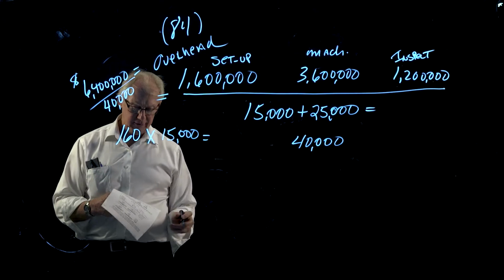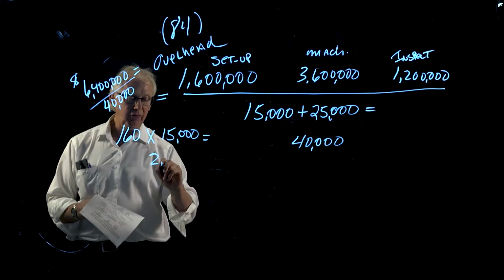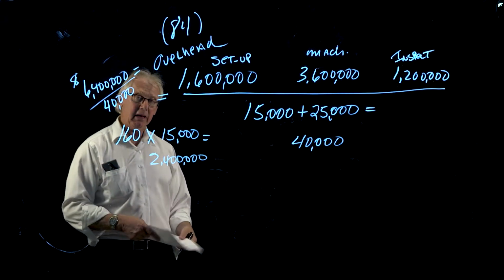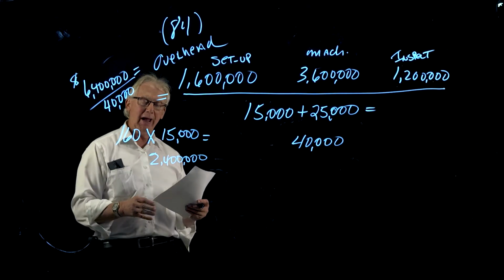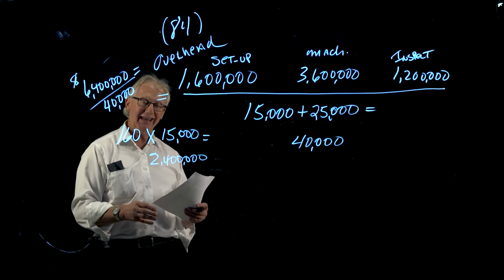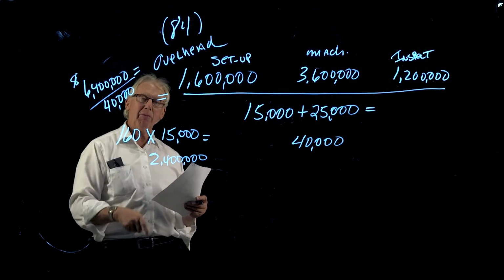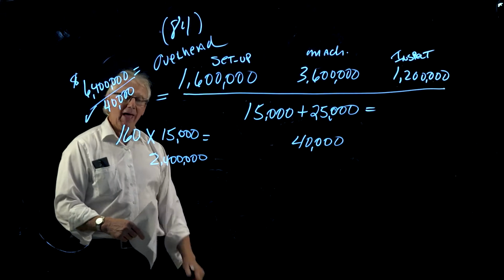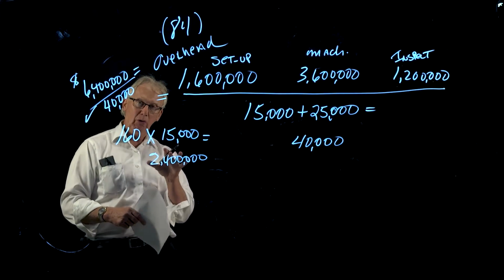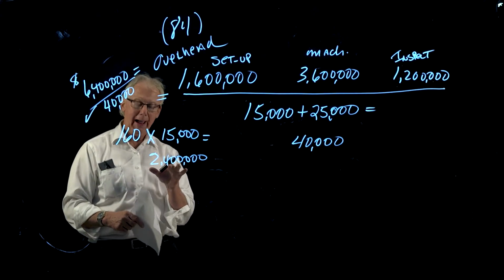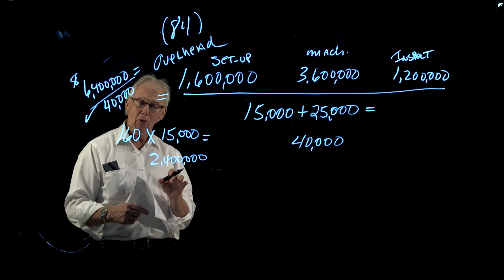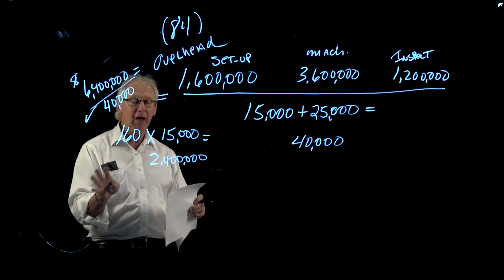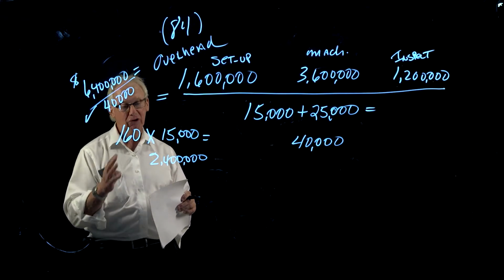And what do we get? We get 2,400,000. So that would be using the traditional way that we did it in chapter 15, using direct labor hours as our base right here. That would mean the total overhead that we would apply to board 12 is 2,400,000. Now that's not activity-based costing, that's traditional costing.